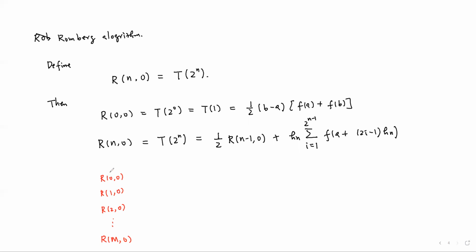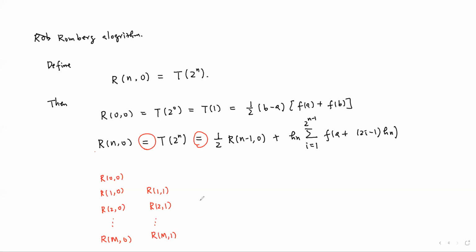Then the first column is computed by this equation. Now the second column, R(1,1), R(2,1), and R(M,1).